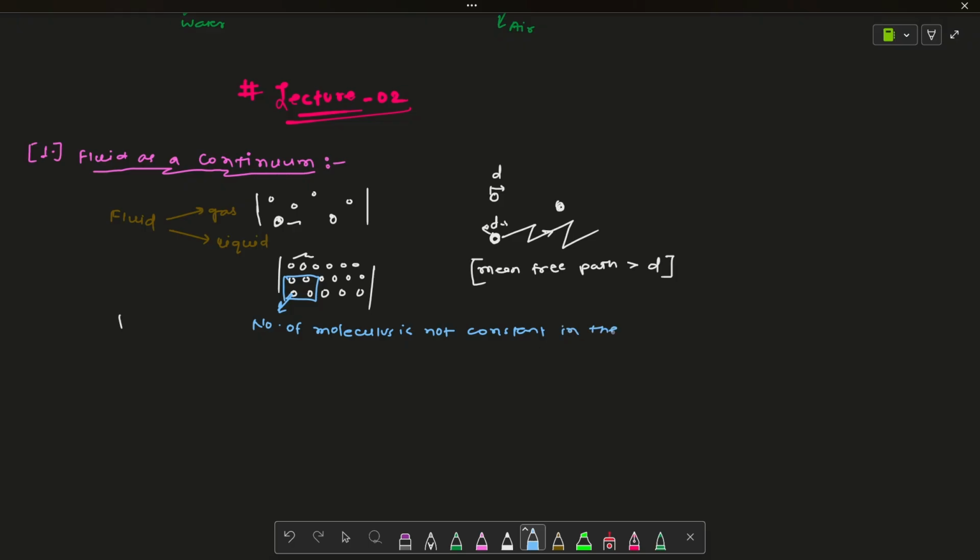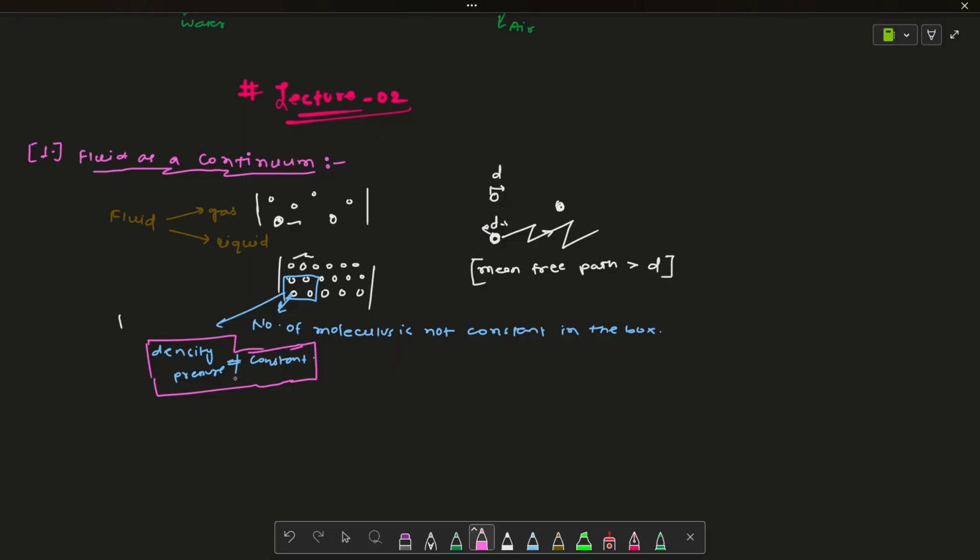So for this region, the density, pressure or anything is not constant, because the number of molecules keeps changing, which means the density, the pressure and the volume of this box will keep changing.